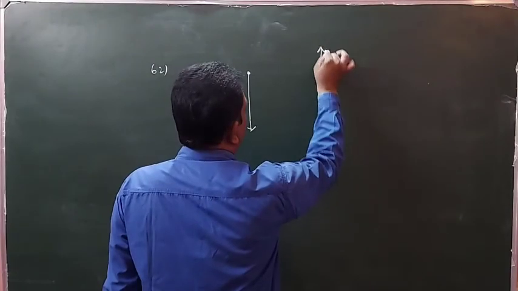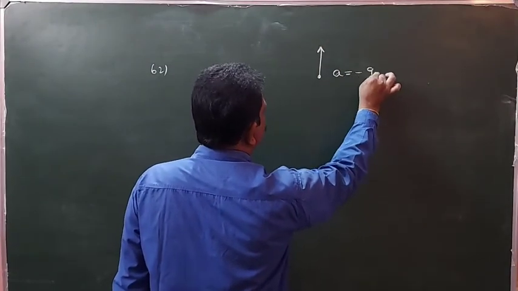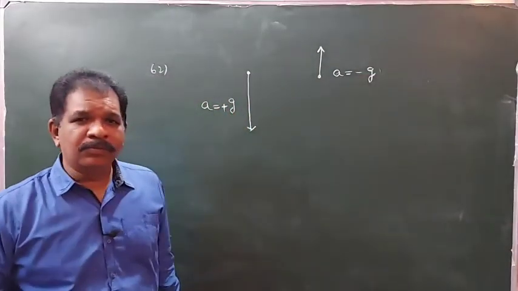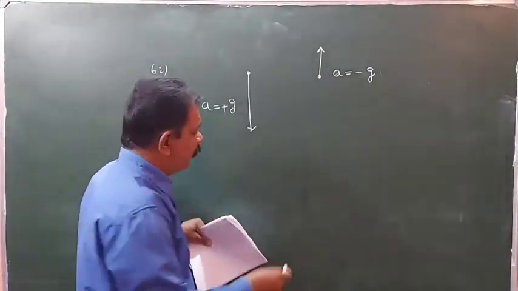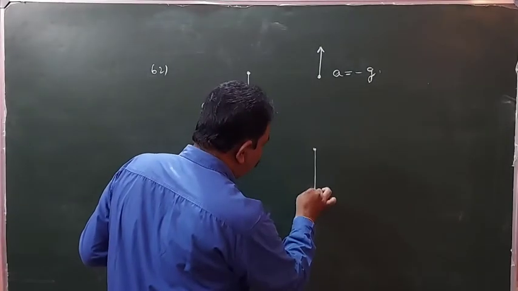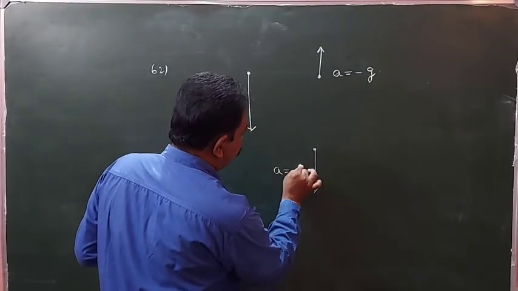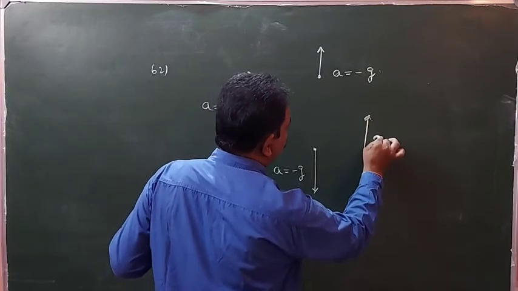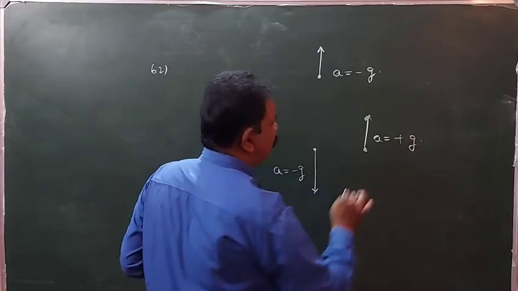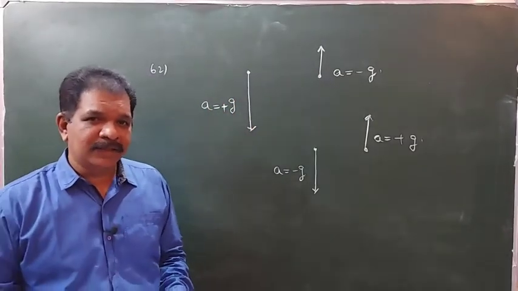For a vertically projected body, I choose a is equal to minus g. In some books, for a freely falling body, they give a is equal to minus g, and for a vertically projected body, a is equal to plus g.